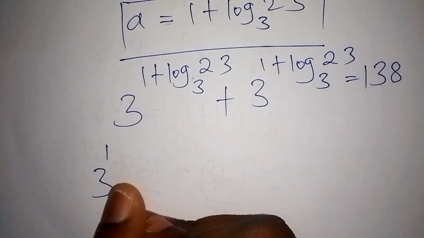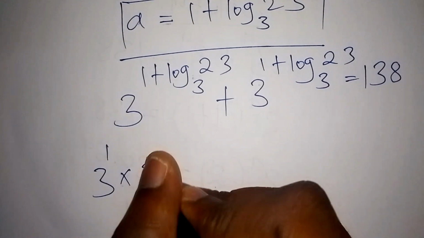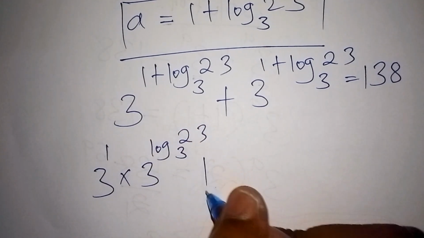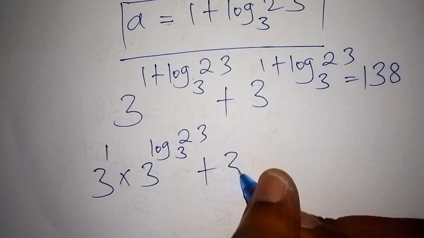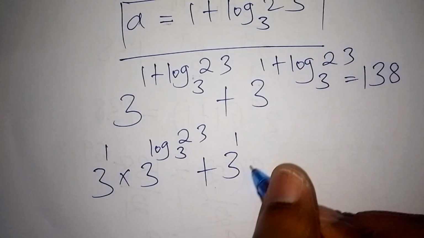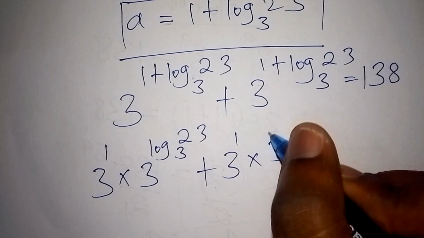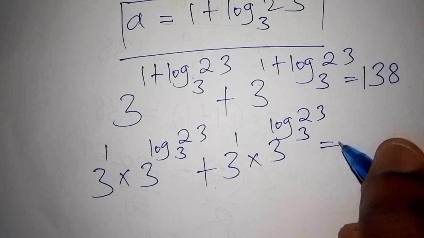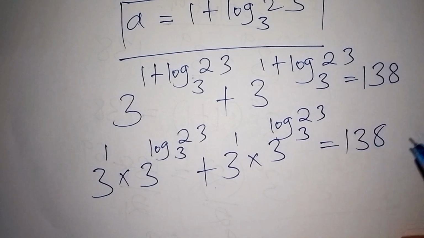So from here now we can write it by now having 3 to the power of 1, then the plus means multiplication, 3 to the log of 23 to the base of 3, then plus 3 to the power of 1, the plus means multiplication, 3 to the log of 23 to the base of 3, that goes to 138.